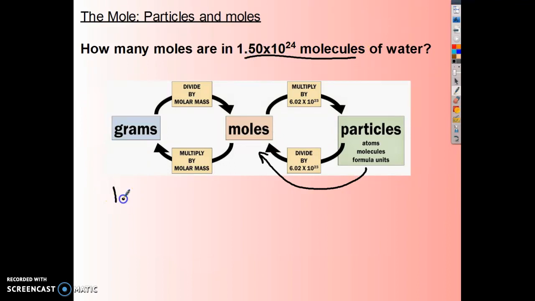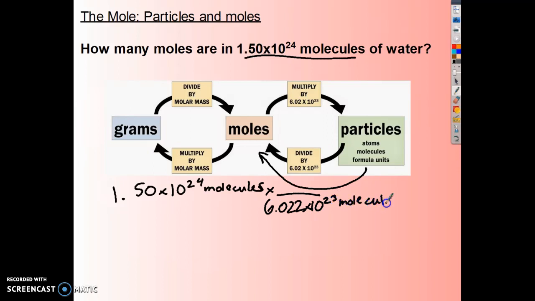So that would be 1.50 times 10 to the 24th molecules, and if we're dividing, that's the same thing as putting it in the denominator. 6.022 times 10 to the 23rd molecules are the number of molecules in 1 mole. So here's basically our conversion factor, and molecules will cancel out in the numerator and the denominator, and we'll be left with moles.